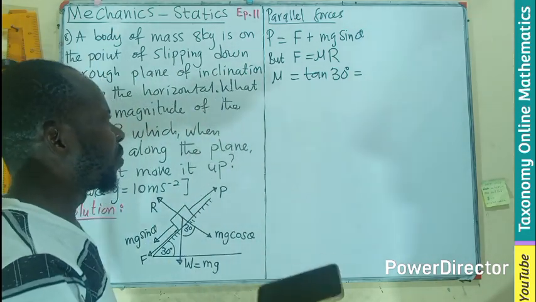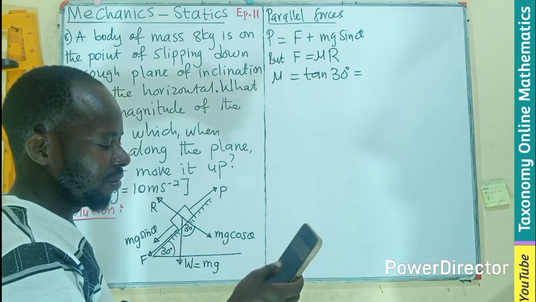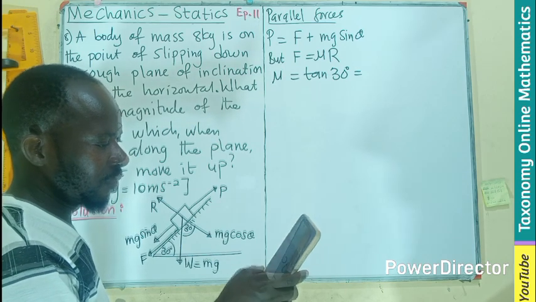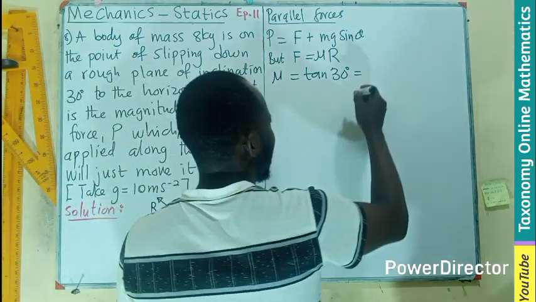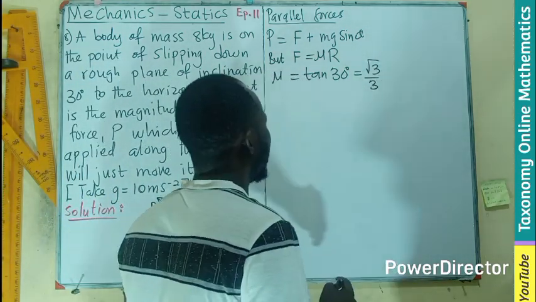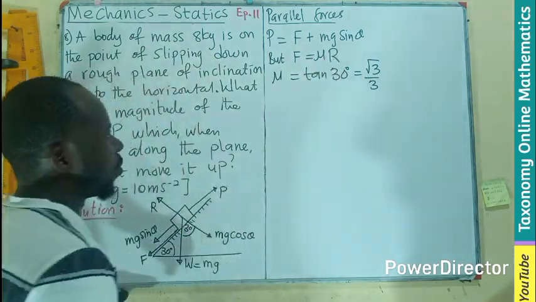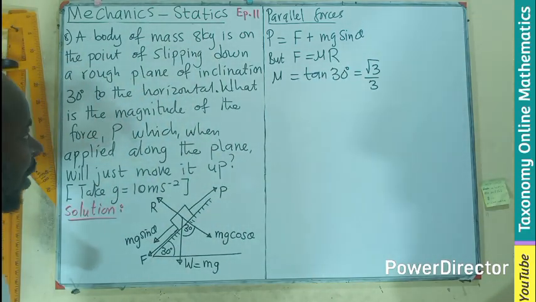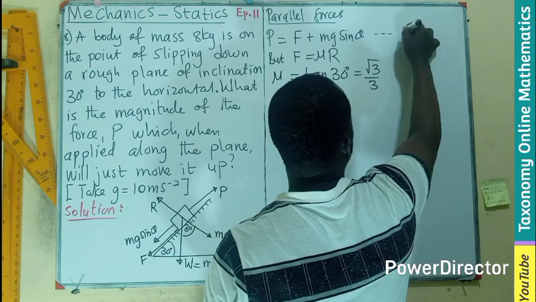Should I leave it in decimal or leave it in surd form? Let's leave tan 30 in surd form first and see whether we can reduce it in the calculation. Then our normal reaction, I think we need to resolve that first. So this is going to be equation 1.